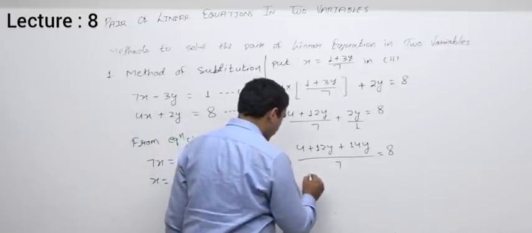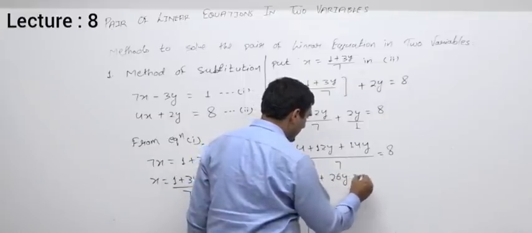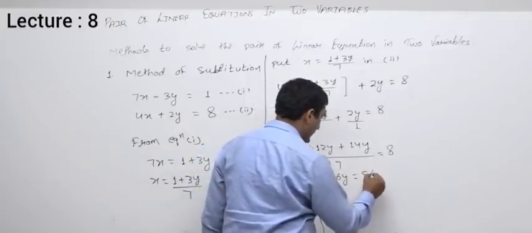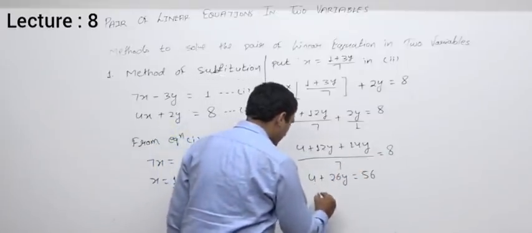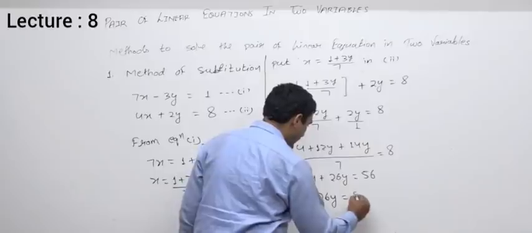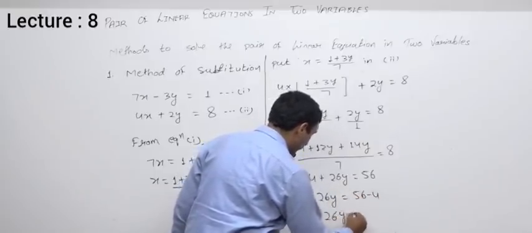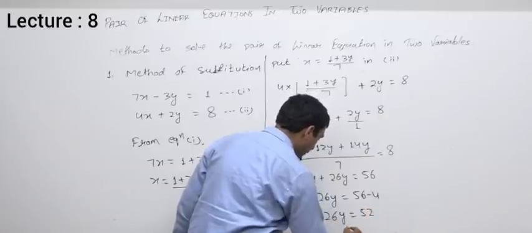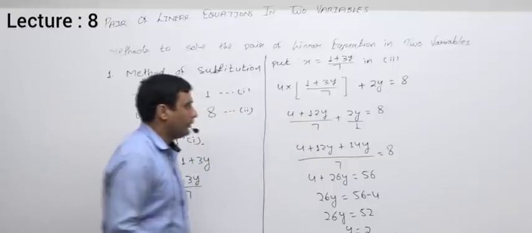Now this gives you 4 plus 26y is equal to 56, 7 into 8, cross multiplication. So this gives 26y is equal to 56 minus 4, so 26y is equal to 52. So y is equal to 2. So here I got the value of y is equal to 2.